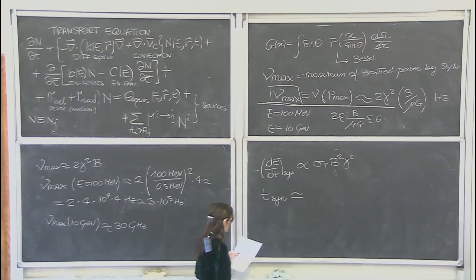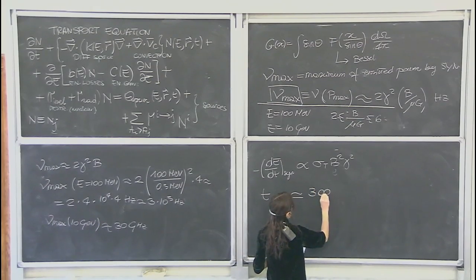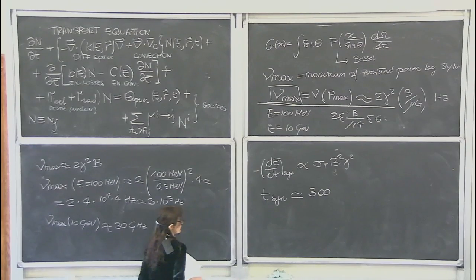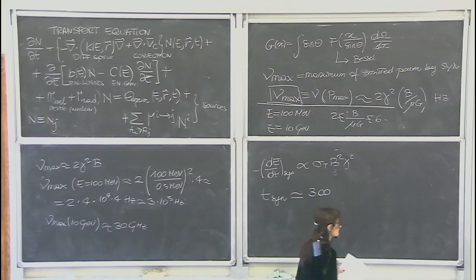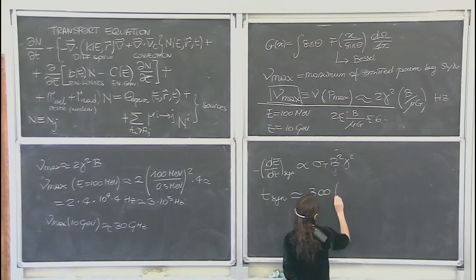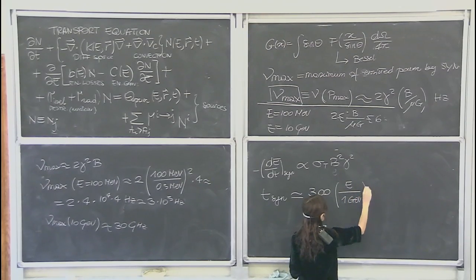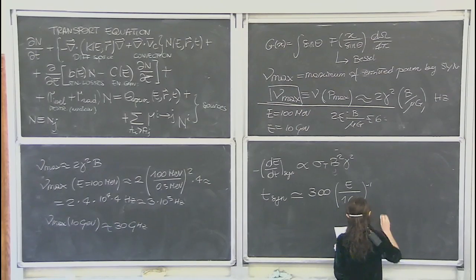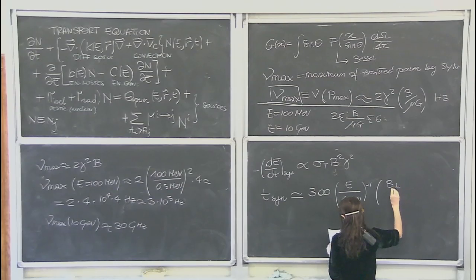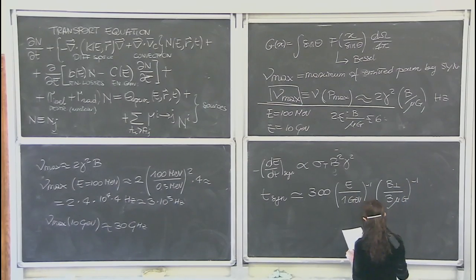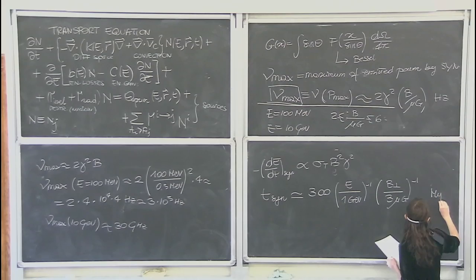And the typical synchrotron time, you can do a derivation and put the constant terms, so it's too long to derive in these lectures, but I think that in principle, you have all the tools to understand, but also to do the computation yourself, is a coefficient which is 300 (E divided by 1 GV) to the minus 1, (B divided by 3 microgauss) to the minus 1, and this is, well, I have to check this number.